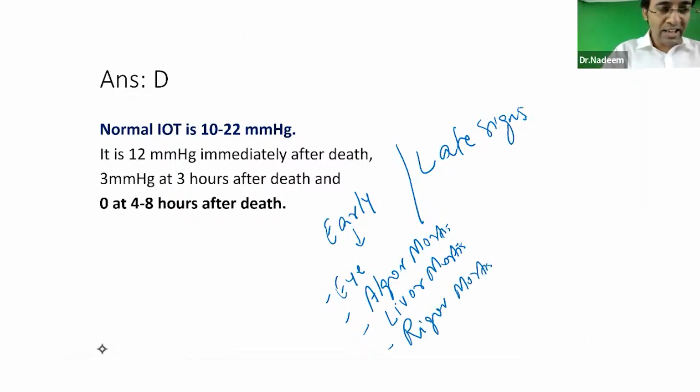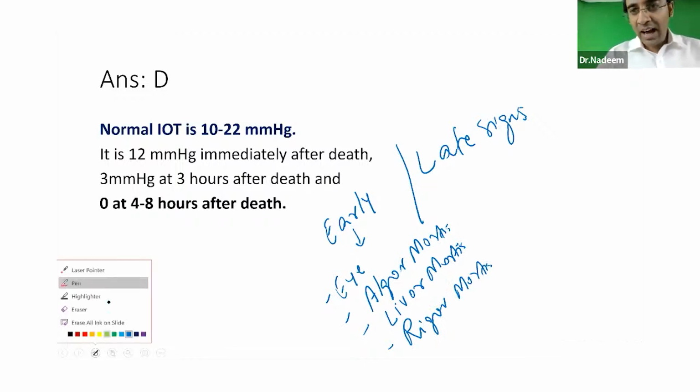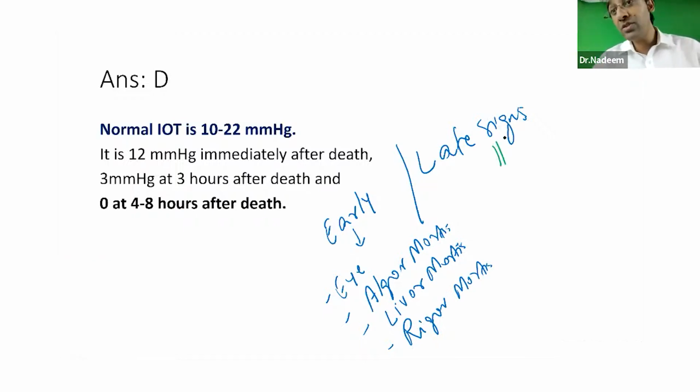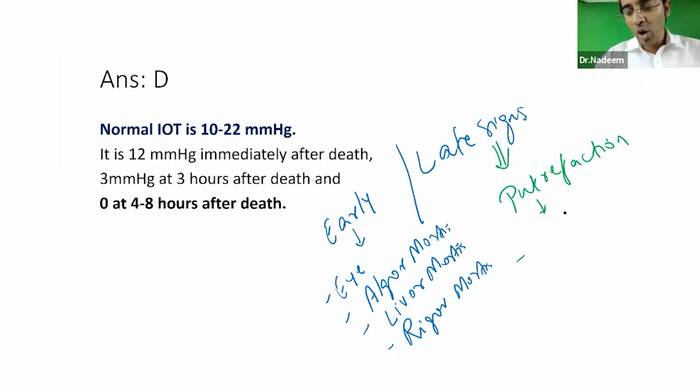What are the late signs? Late signs means after a few hours to few days to few weeks to few months. Late signs are putrefaction. When there is no bacteria involvement, this is called as autolysis. Bacteria involvement, that is called as decomposition.